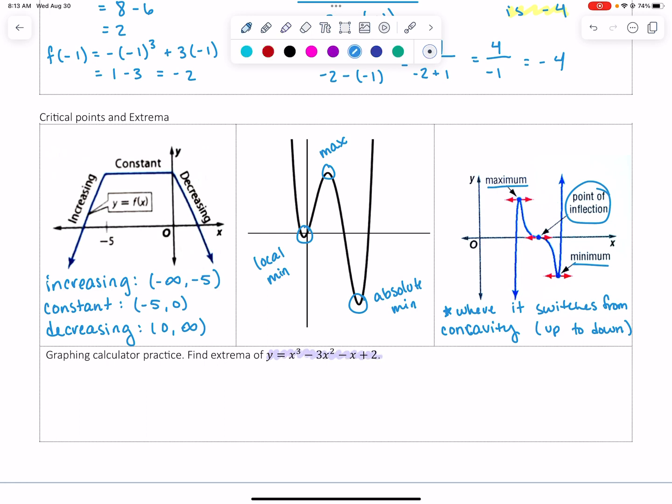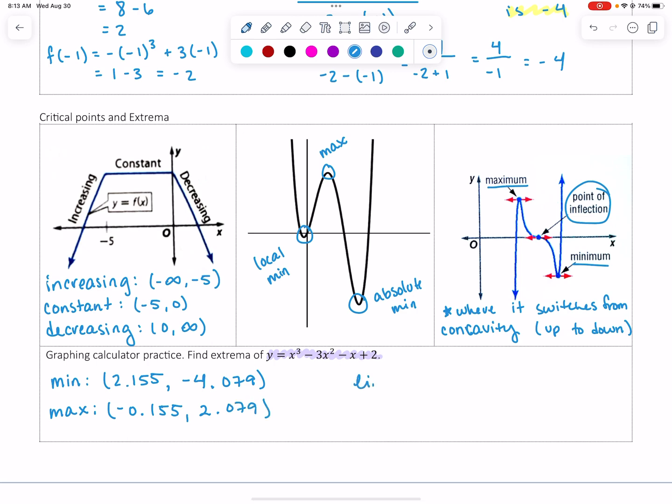But for our video purposes, I'm going to give you our answers here. So you have a minimum at 2.155 of -4.079, and you have a maximum at -0.155 of 2.079.